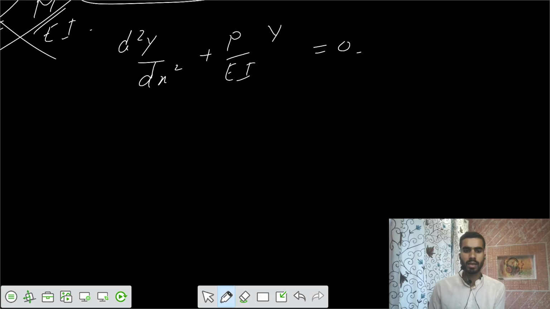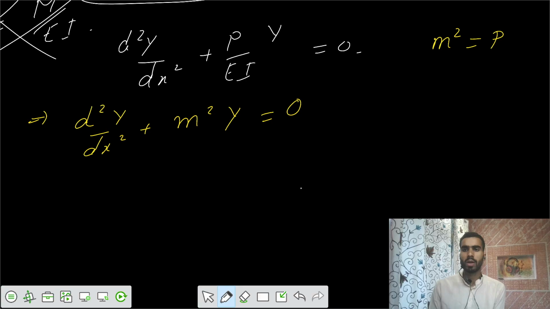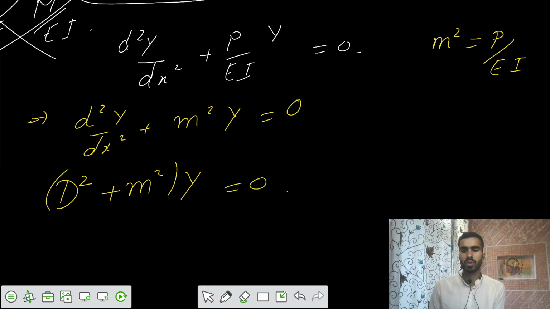Now if I keep it in terms of this, d2y by dx2 plus m square y equals 0, where m square I have kept equal to P by EI. Now applying that operator, I would say D square plus m square of y equals 0.